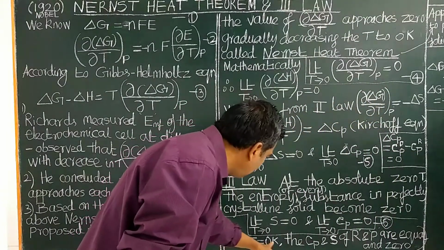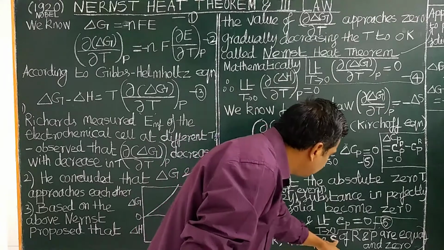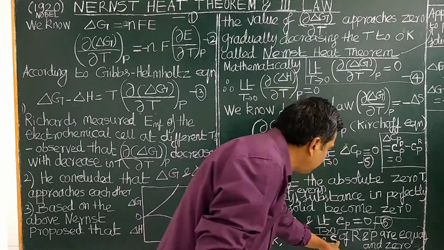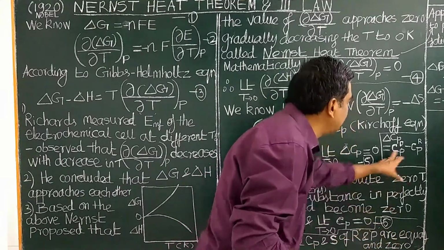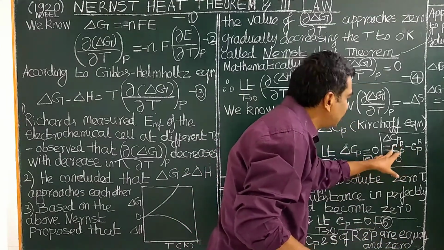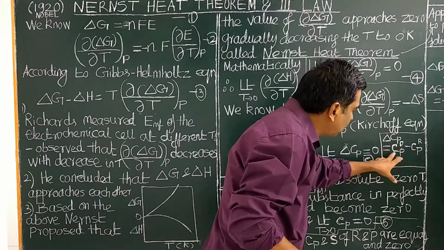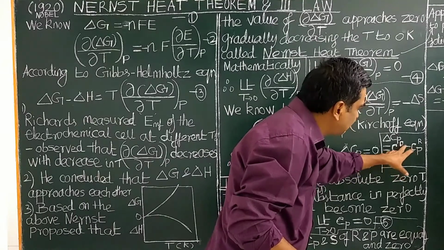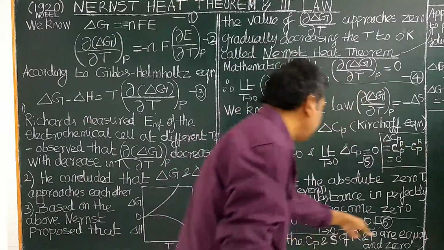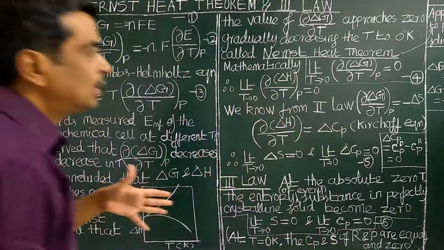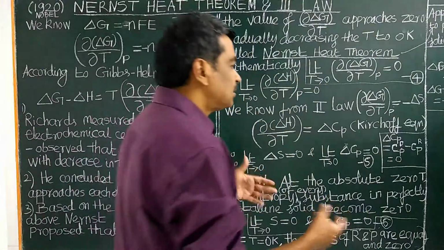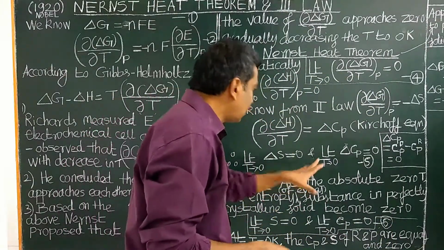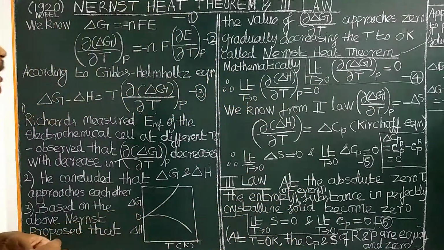At T equal to 0 Kelvin, the molar heat capacity at constant pressure and the entropy of reactants and products are equal, because delta Cp equal to 0 means the heat capacity of products equals that of reactants. This is the statement of the third law of thermodynamics.